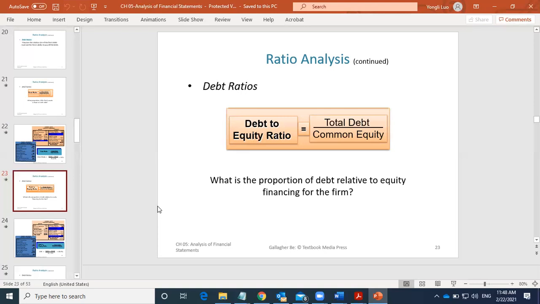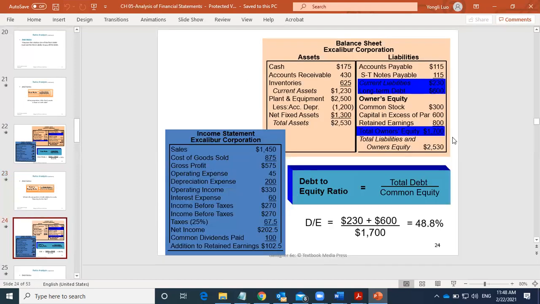Got it? If it is 40% debt, then 60% goes to equity. When you add it up, it has to be 100%. So the total owner's equity divided by total assets is the equity part, and total debt divided by total owner's equity is the debt to equity ratio.